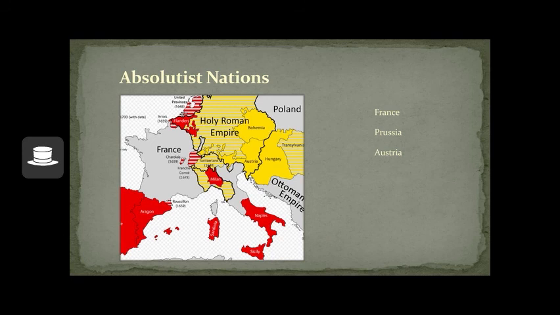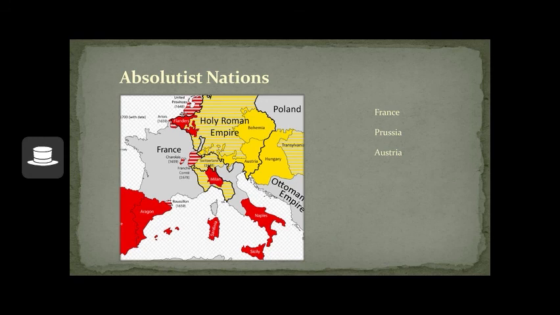And so the emperor is going to be able to maintain his power by playing off different groups, but this is going to be increasingly hard as this course goes forward for reasons we'll see. So Austria, another one of these absolutist nations.